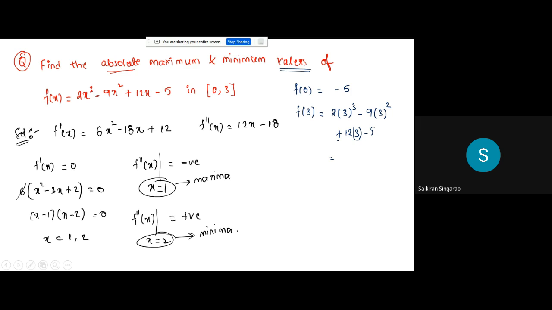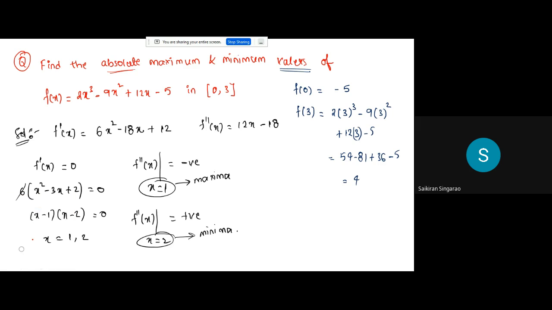If you find this out, you should get 54 minus 81 plus 36 minus 5. So this should be how much? This is coming as 4. So f of 0 is minus 5, f of 3 is 4.